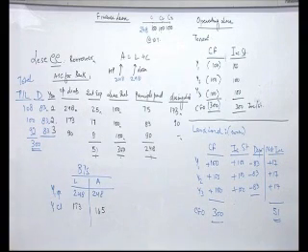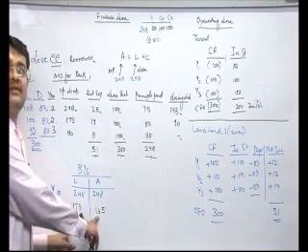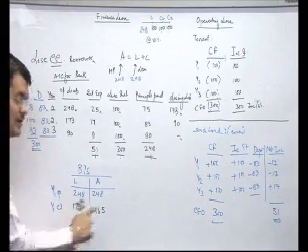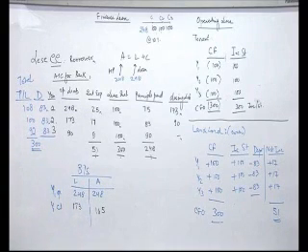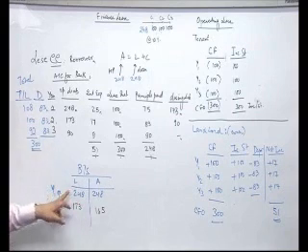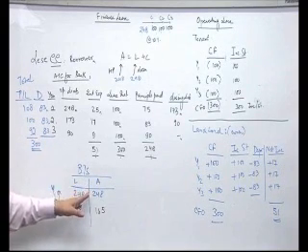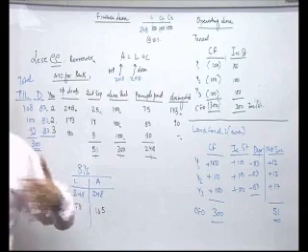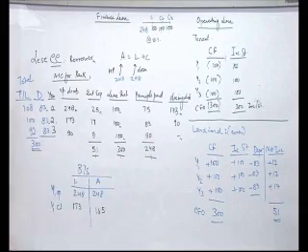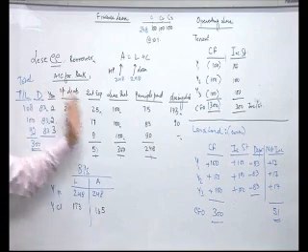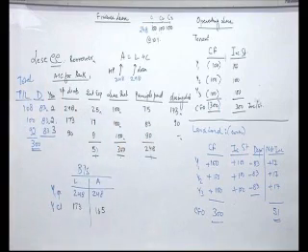Now we have to mind that these two will never be equal again. They will be equal only at one point in time, at the beginning. After that, the asset will be depreciated at a different rate and the liability will be paid off at a different rate.